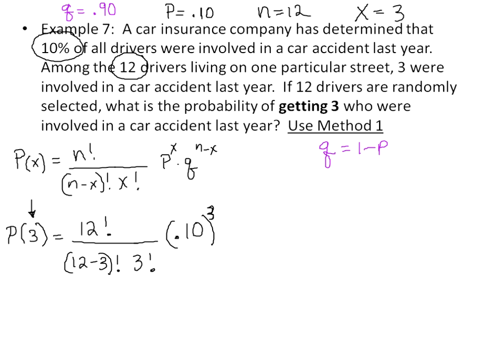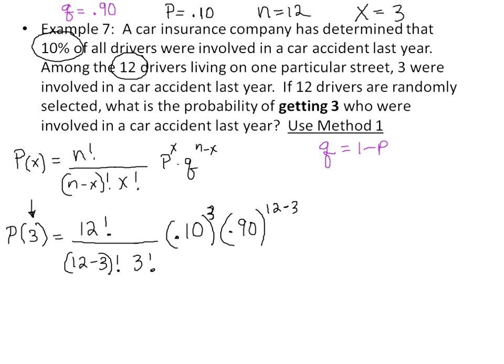Okay, so let's go ahead and continue. So then 0.90 is what goes here. So if you have 3 successes and you had a sample size of 12, then you're left with 12 minus 3. You're left with 9 failures, and that's your exponent there.